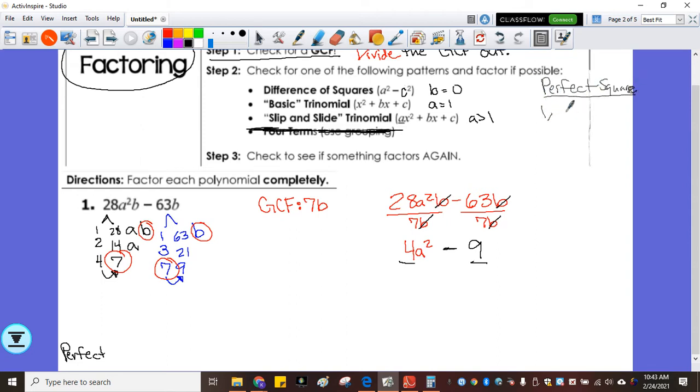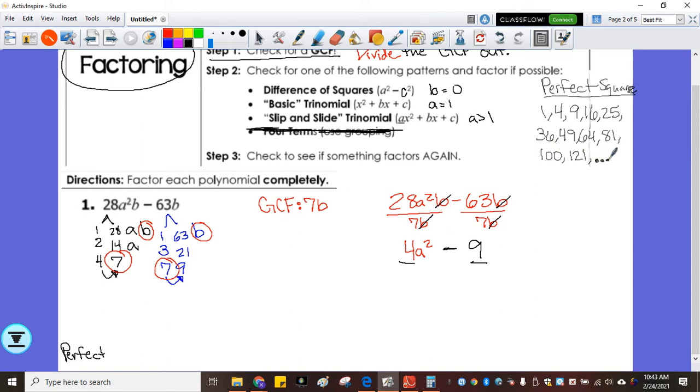Perfect squares are 1, 4. 1 times 1 is 1. 2 times 2 is 4. 3 times 3 is 9. 4 times 4 is 16. 5 times 5 is 25. 6 times 6 is 36. 7 times 7 is 49. 8 times 8 is 64. 9 times 9 is 81. 10 times 10 is 100. 11 times 11 is 121.